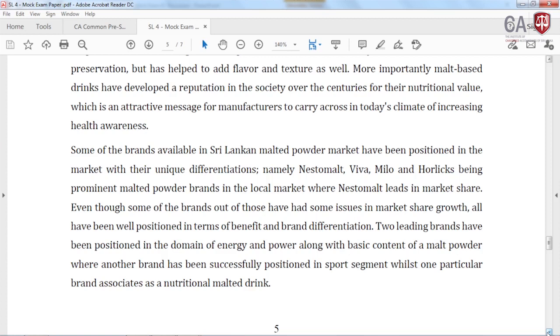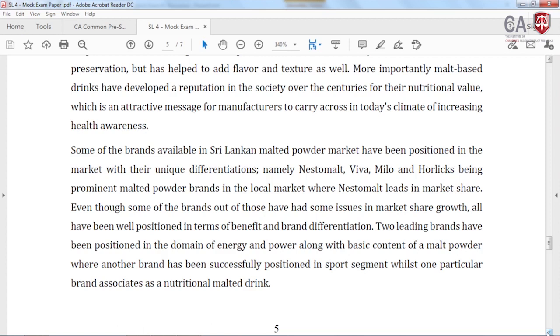Two leading brands have been positioned in the domain of energy and power along with the basic content of the malt powder, while another brand has been successfully positioned in the sports segment, and one particular brand as a nutrition malted drink. Look at this. Two focused on energy and power, another one on the sports segment, another one on the nutrition malted drink.